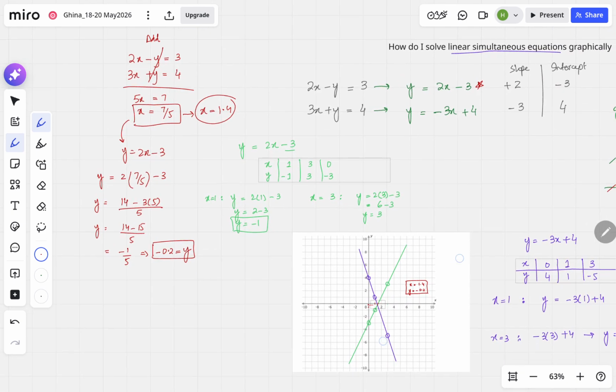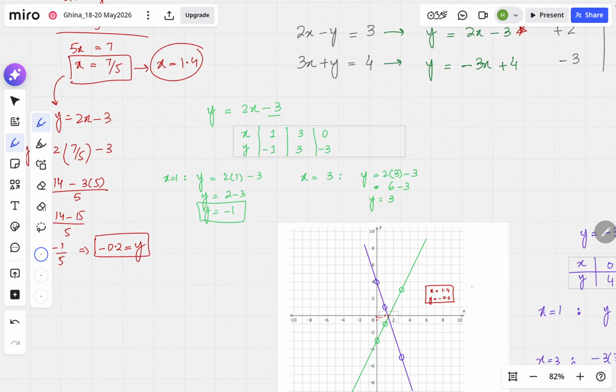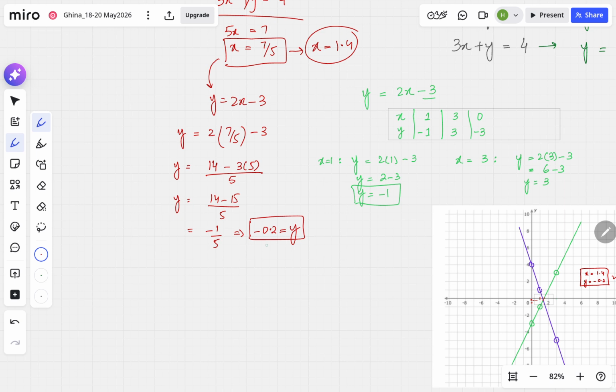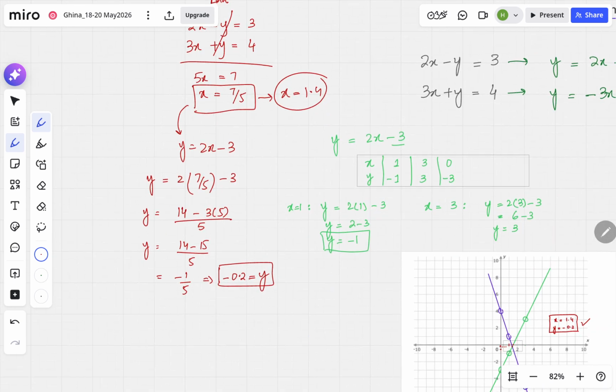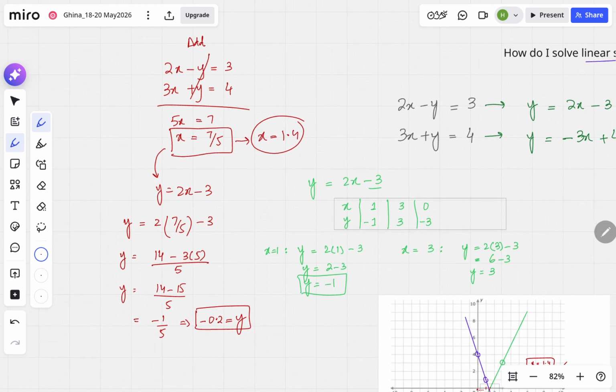Okay, and you can also see that y is minus 0.2 on the graph. So this is how you cross check your answer.